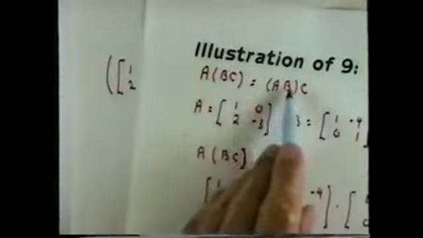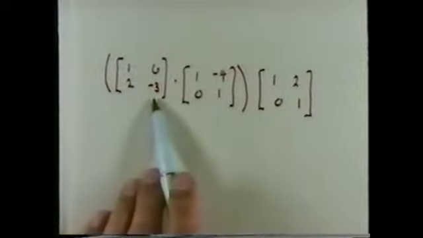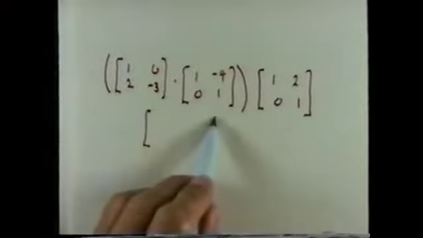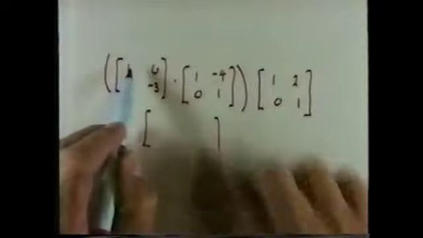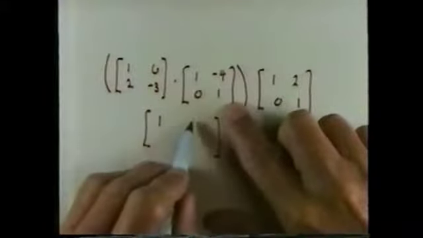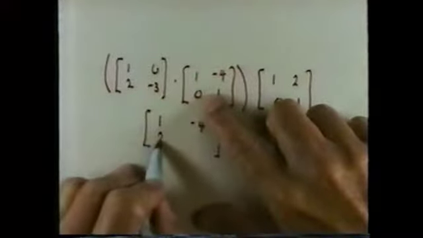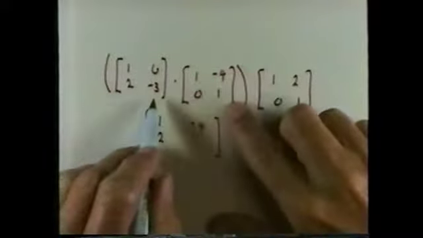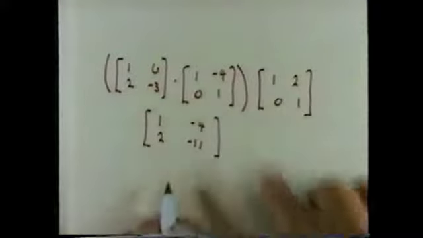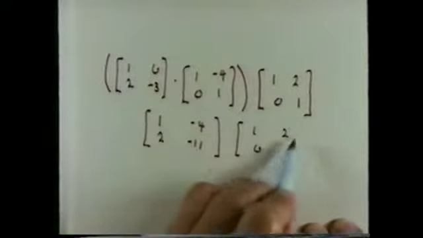So we're doing the grouping AB times C. Do what's in the parentheses first. 1 plus 0 is 1. Negative 4 plus 0 is negative 4. 2 plus 0 is 2. Negative 8 minus 3 is negative 11. Now I need to multiply that by 1, 2, 0, 1.